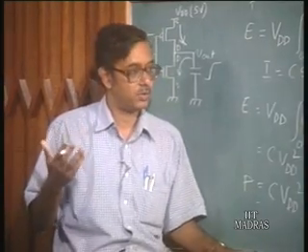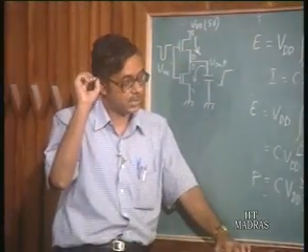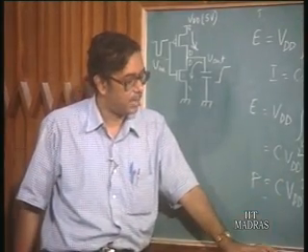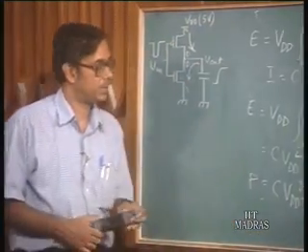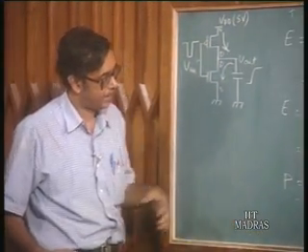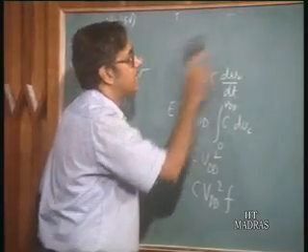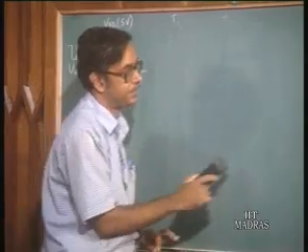Another reason, of course, is because the devices are smaller, we cannot have high voltages because the electric fields will be too high. But one of the reasons is also that the power dissipation has to be reduced. So we see that the power dissipation of a CMOS is dependent on the frequency.